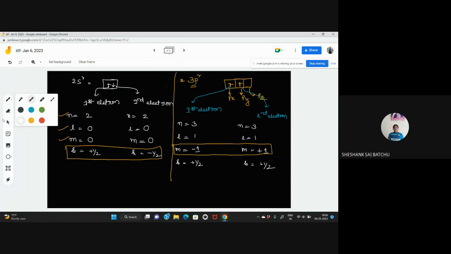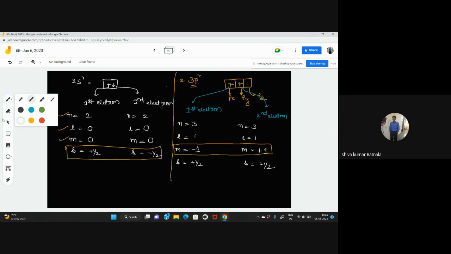In that, if l equals 1, the ml values will be -1, 0, +1. For the pz orbital, conveniently we take 0, whereas px is +1, py is -1. That is what we have written here. Sir, that means we can change it? Yes, you can interchange, no issue.